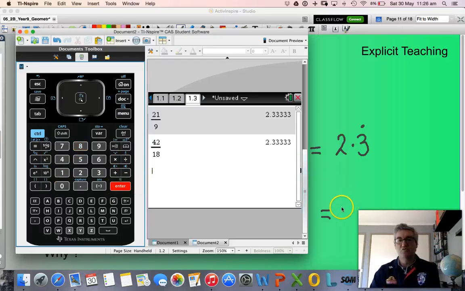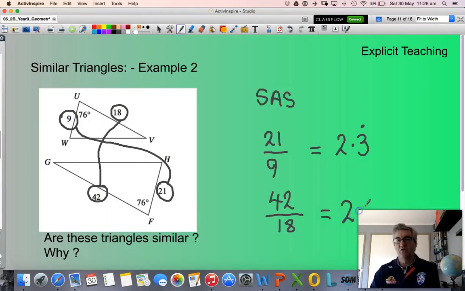Again, 2.3 recurring, or if you prefer 2 1/3. So I take each one of those sides, multiply it by 2.3 or 2 1/3. I will get the same value, so I can say that they're being multiplied by the same ratio.